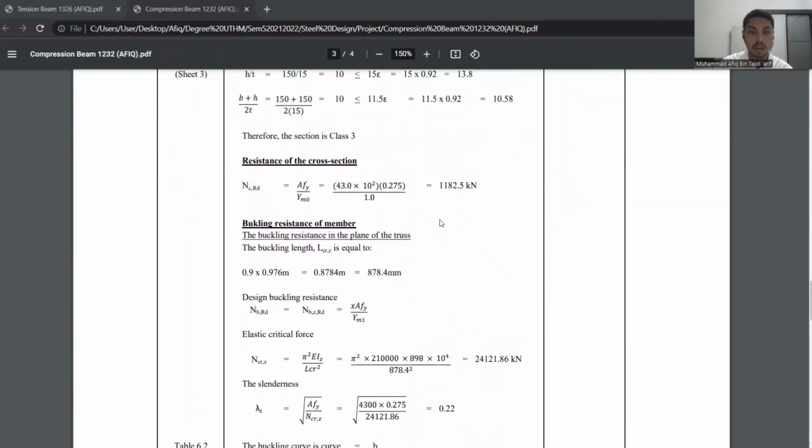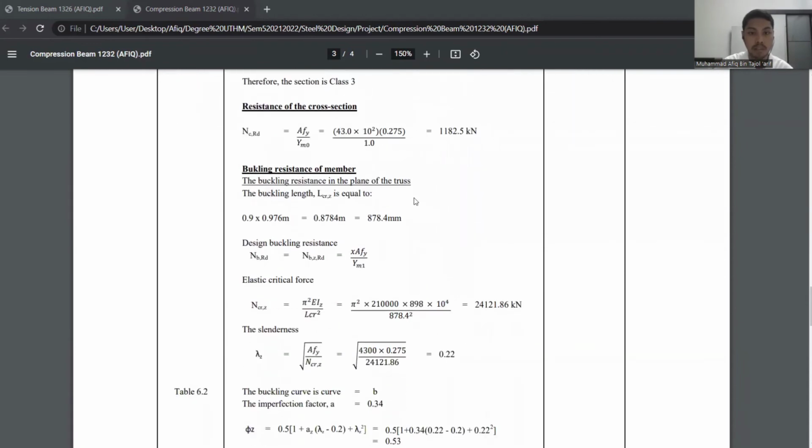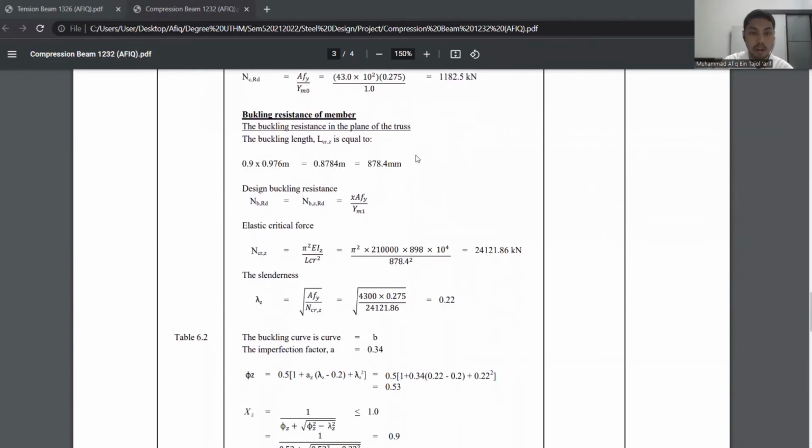Next, the resistance of the cross-section Nc,Rd is 1182.5 kN. Then we calculate the buckling resistance of the member. First we calculate for in-plane.